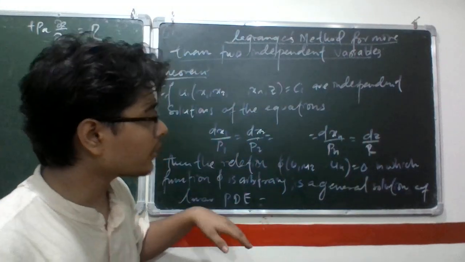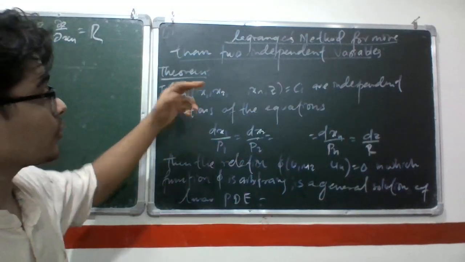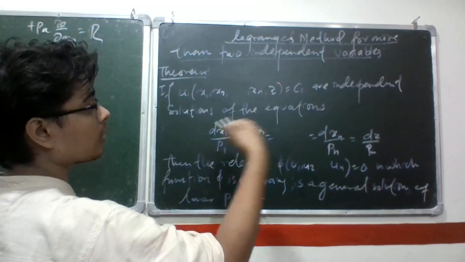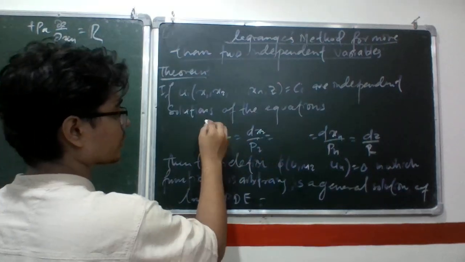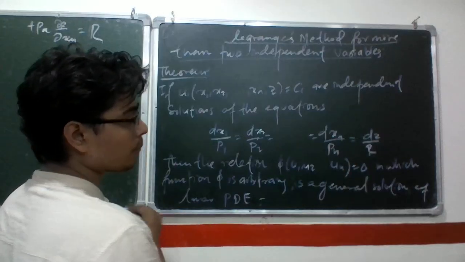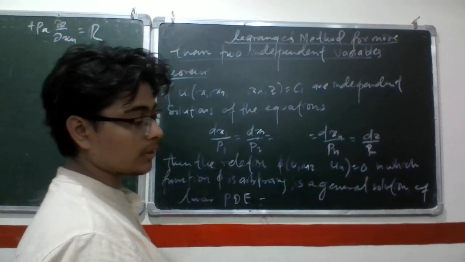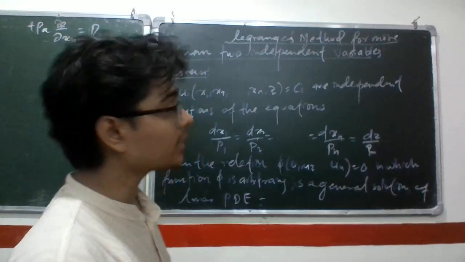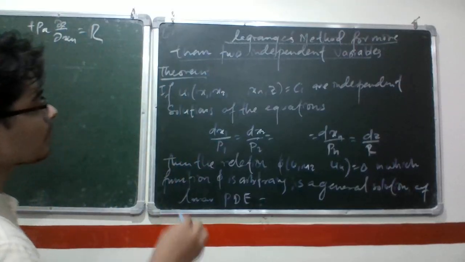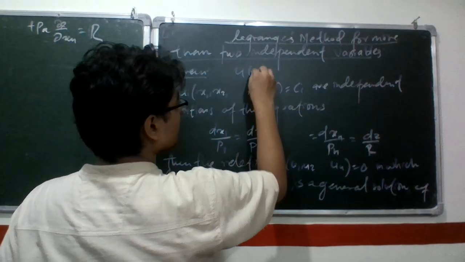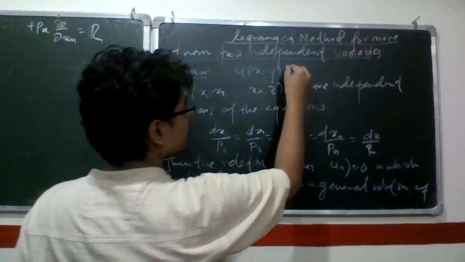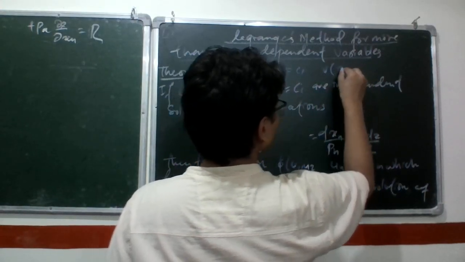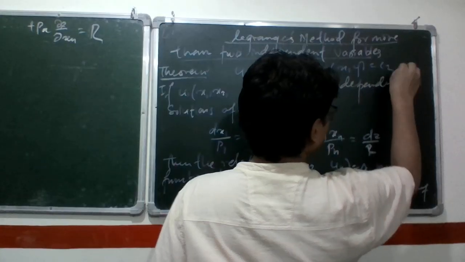Just to see the theoretical part, the theorem says that if we have any number of independent solutions of an equation which looks like this. Now, if you compare this to the previous Lagrange's method of finding the solution for two independent variables, we had u(x, y) equals c1 and v(x, y) equals c2.